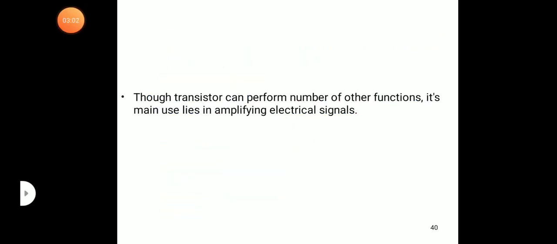As already discussed, the transistor can perform a number of functions. Its main use lies in amplifying an electrical signal. Amplifying the electrical signal, that is called an amplifier. The transistor is also used as a switch, and as an impedance matching device.